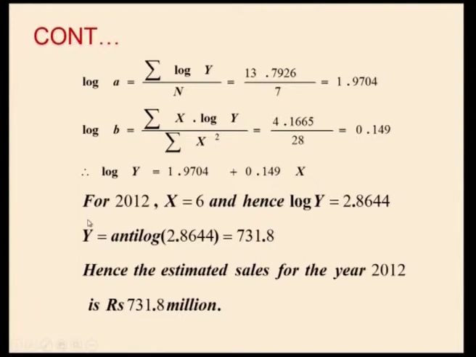Hence, y is equal to anti-log of 2.8644, that is 73318. Since your characteristic is 2, we have 2 plus 1, so after 3 integers we put the decimal point. So we get y is equal to 731.8. That means the estimated sales for the year 2012 is 731.8 millions.